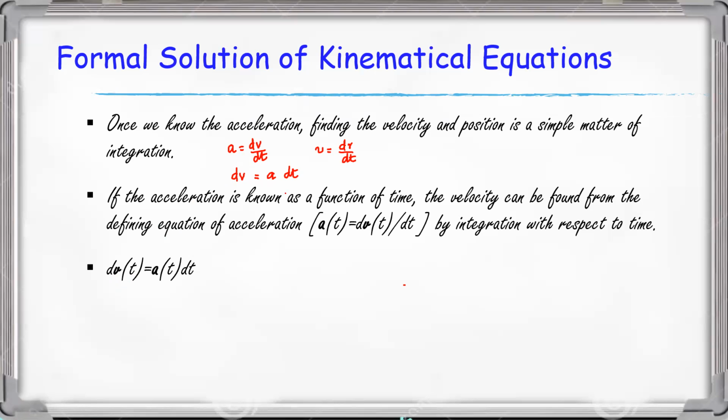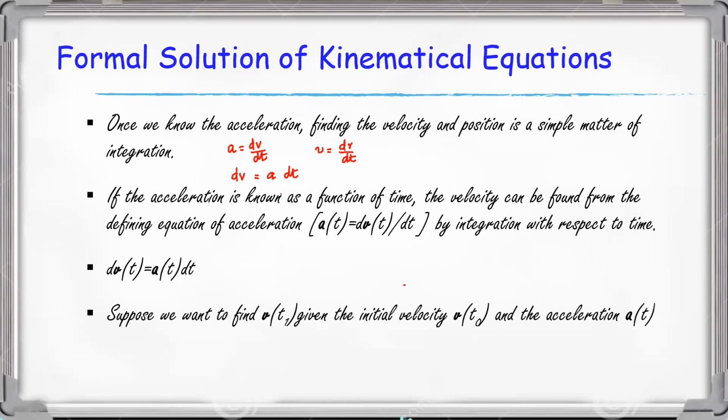Then if we integrate this equation on both sides, we can obtain the velocity. For that, we assume we want to find v(t1).